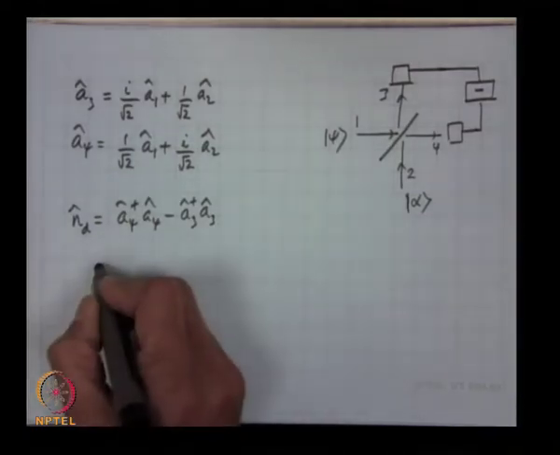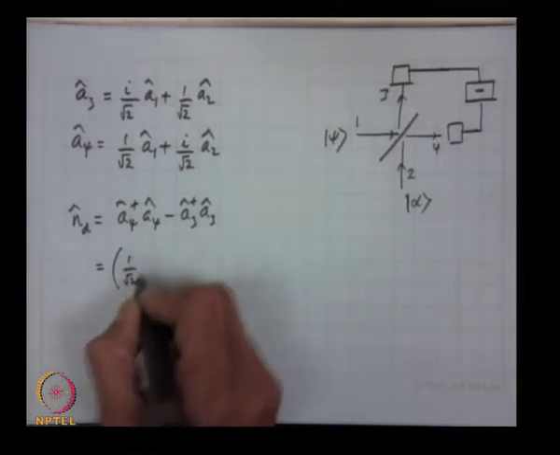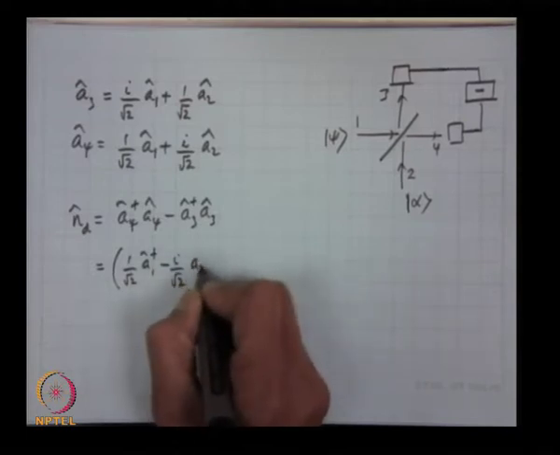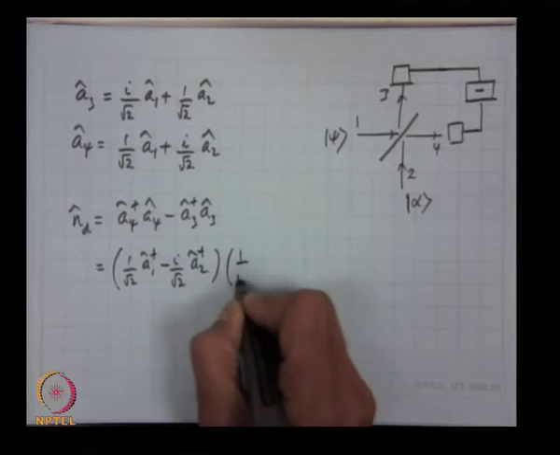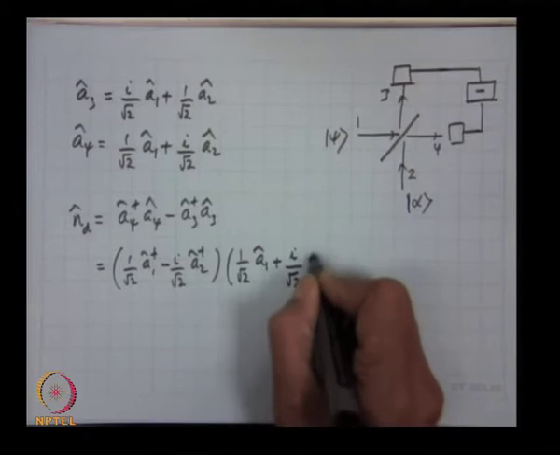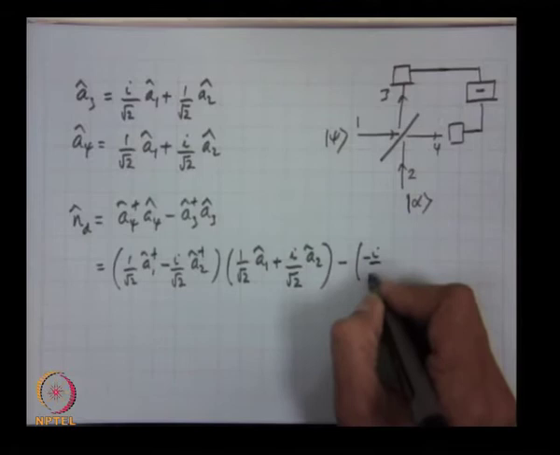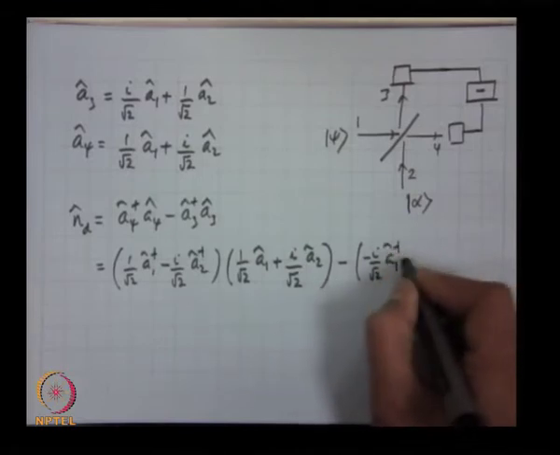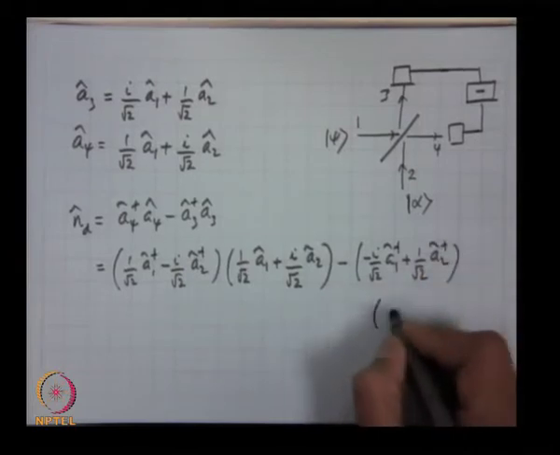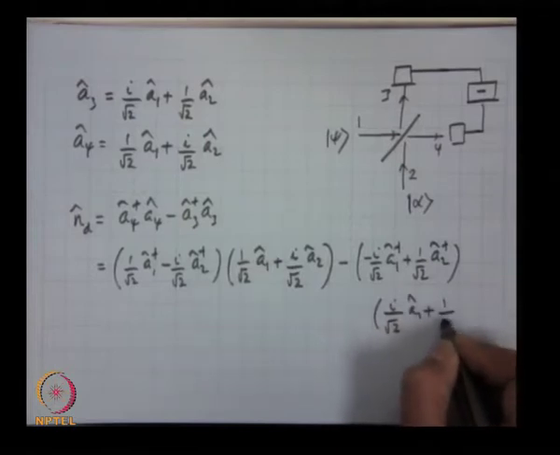So in the last class, we substituted these expressions here. So let me just repeat that. So 1 by root 2 A1 dagger minus i by square root of 2 A2 dagger into 1 by square root of 2 A1 plus i by square root of 2 A2, minus i by square root of 2 A1 dagger plus 1 by root 2 A2 dagger into i by square root of 2 A1 plus 1 by square root of 2 A2.